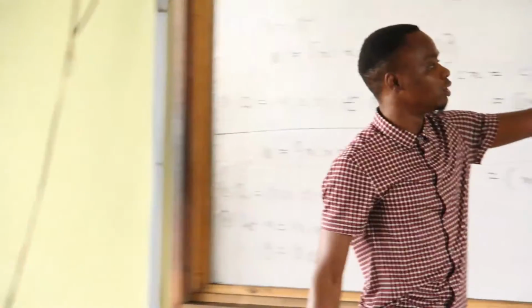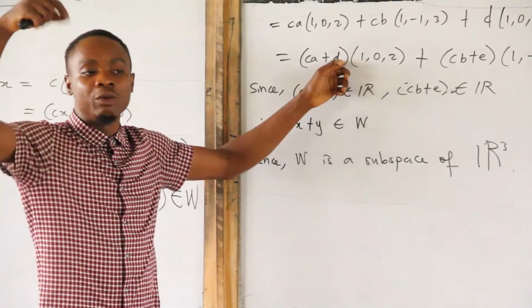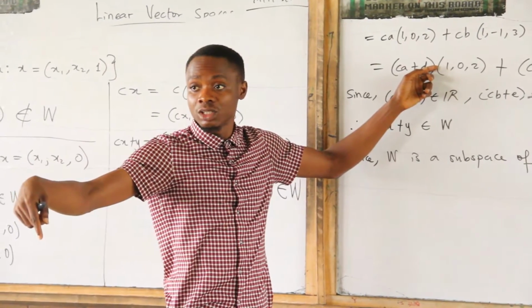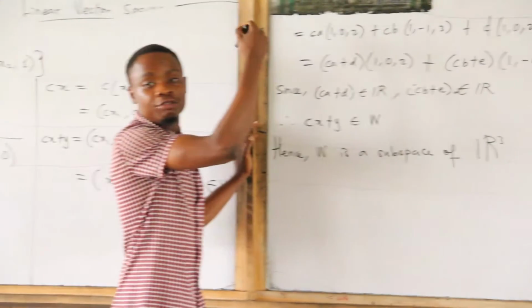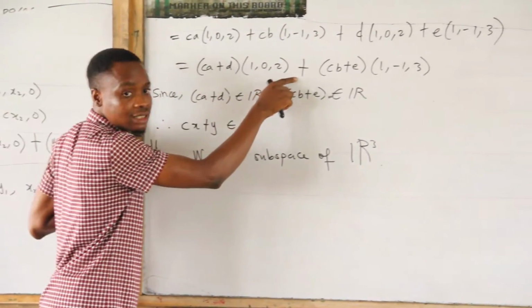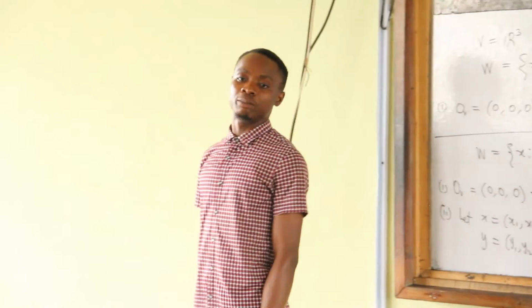I want it to look exactly how the definition is. We saw the definition of W there, written as a real number multiplying this, another real number multiplying this. So if you can express it in that form, we'll be able to conclude that it's actually an element of W.